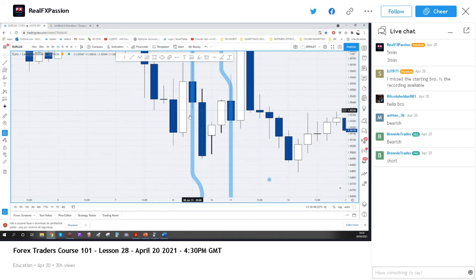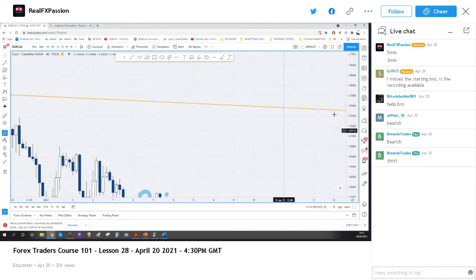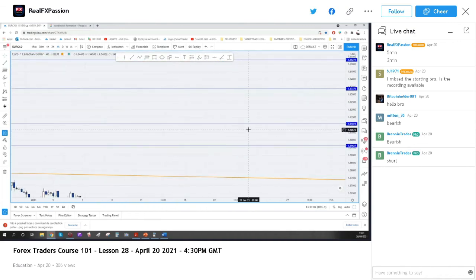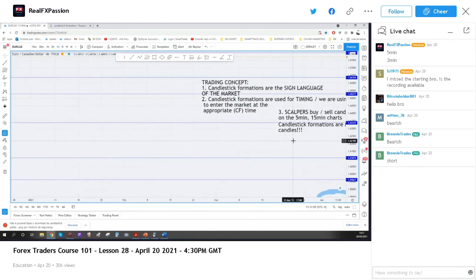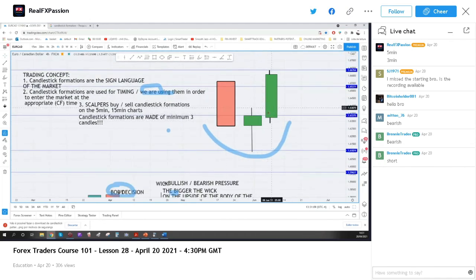This is a bullish candlestick formation. Oh, but it's not like you just drew. This is what I'm telling you. This is theory for you to understand how the wick and the body work. The red, the two greens.